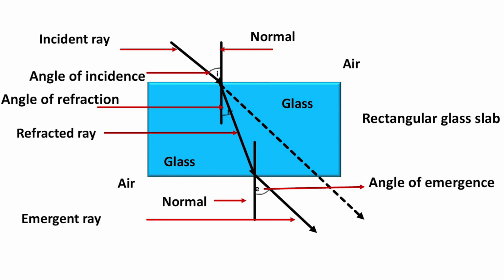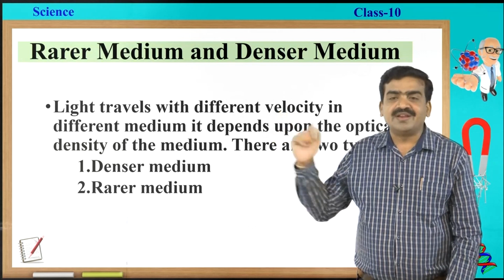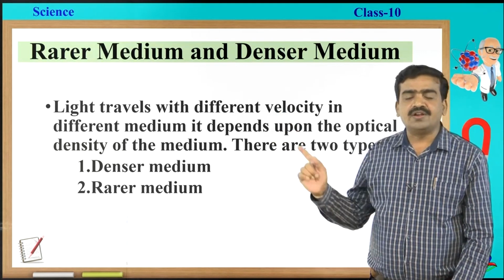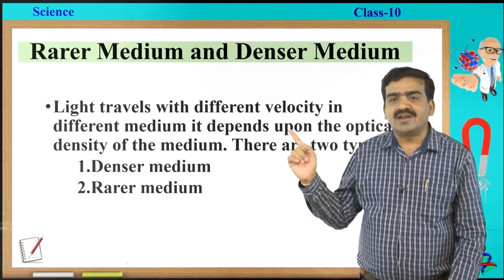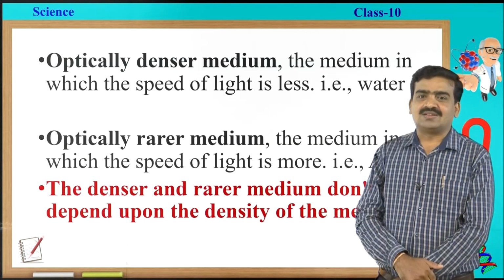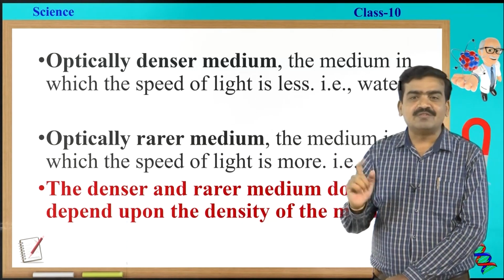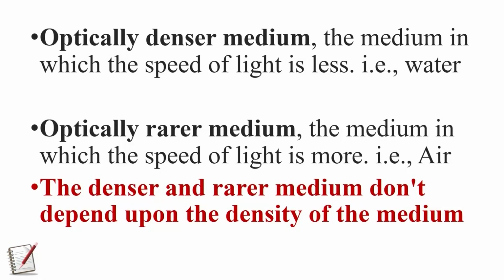My dear students, depending upon the velocity of the light in the medium, we name the medium as a rarer medium or a denser medium. Optically denser medium means the medium in which the speed of light is less, that is water.